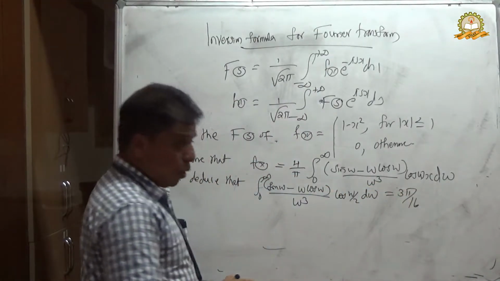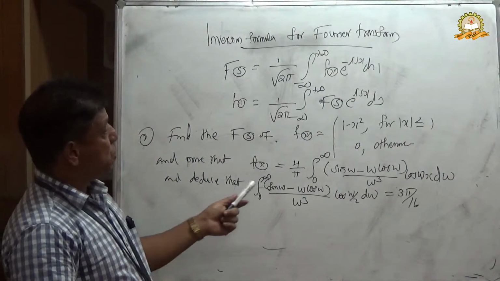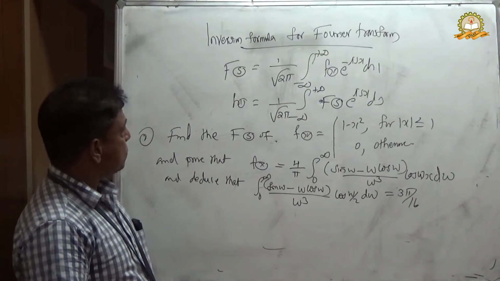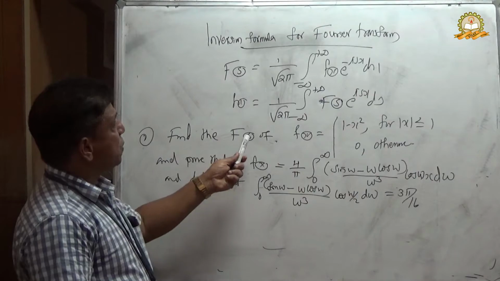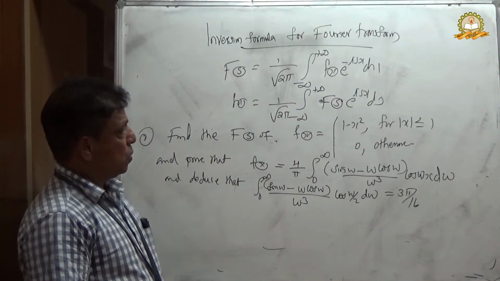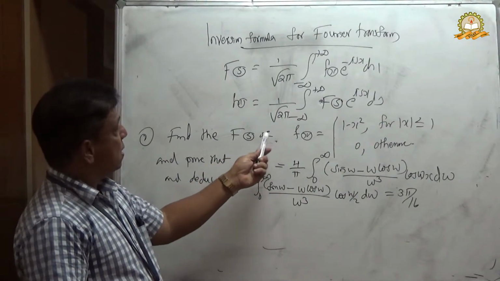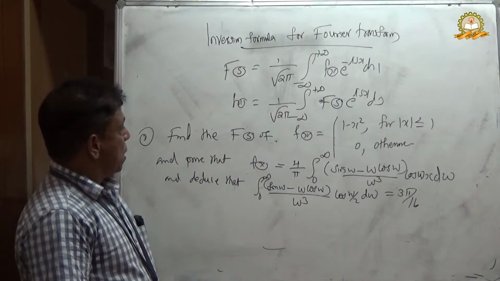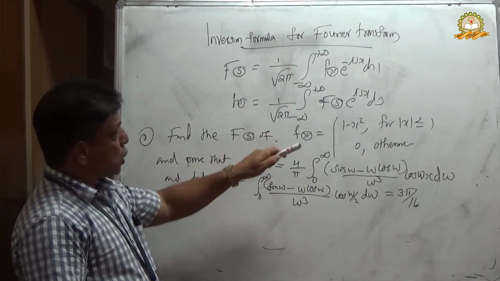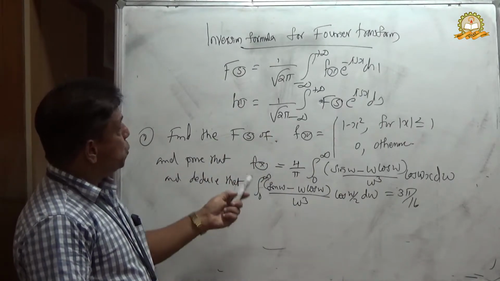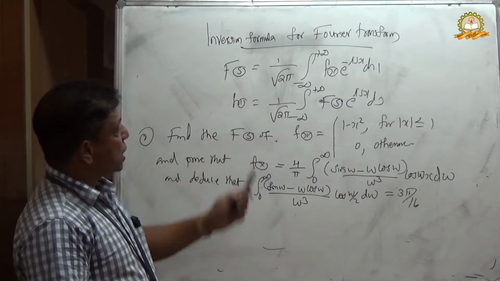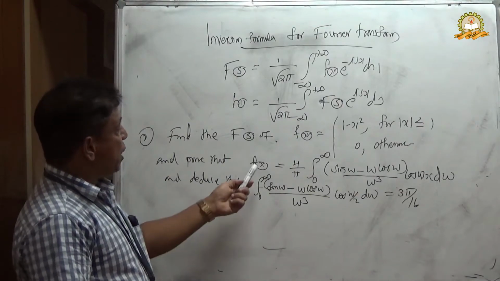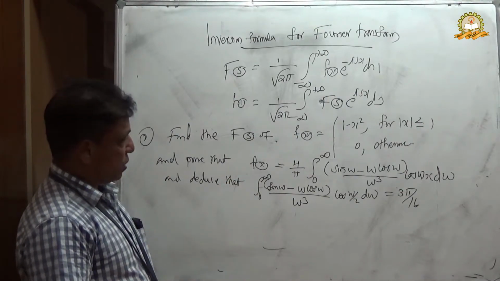This is a very, very important problem. Several times you asked in the university questions. Here first we find the Fourier transform, already discussed yesterday, in the last class. After finding the Fourier transform, by using the inversion formula, we can find the original function f of x.